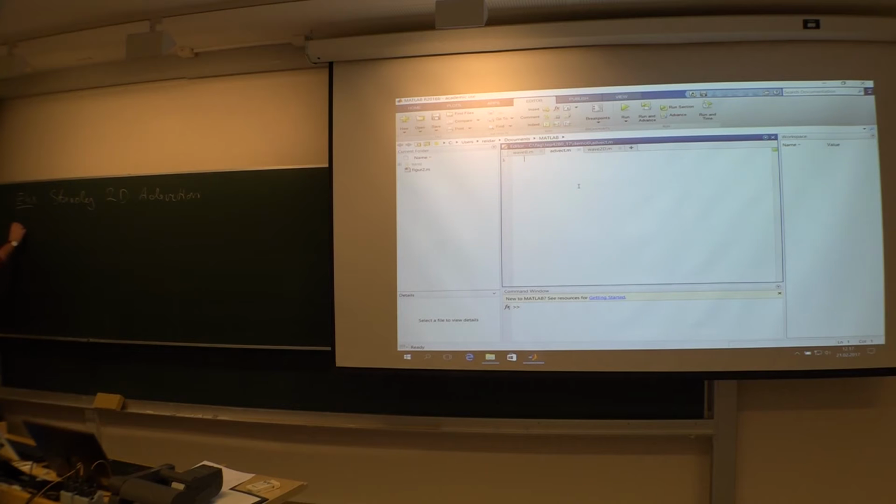You have a two-dimensional region in space, xy, like this. For simplicity, we say it is square. We have the same number of cells in both directions when we do the discretization.